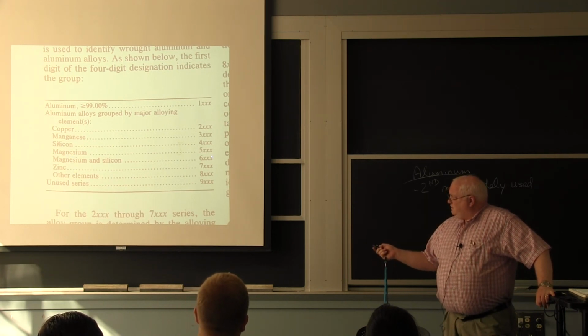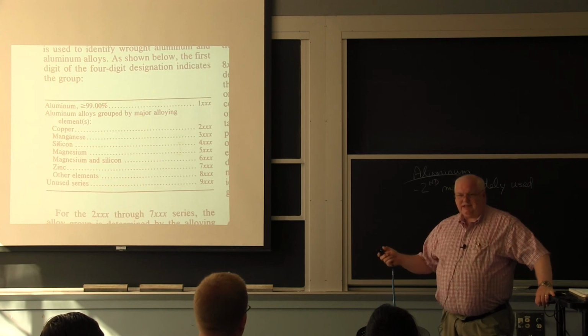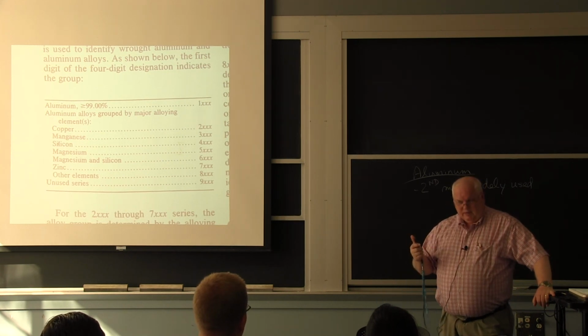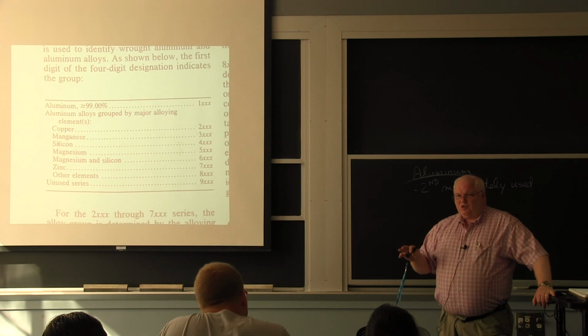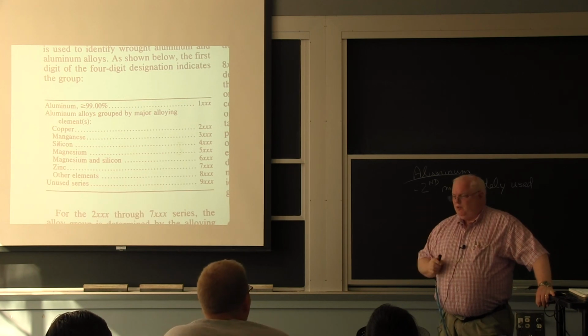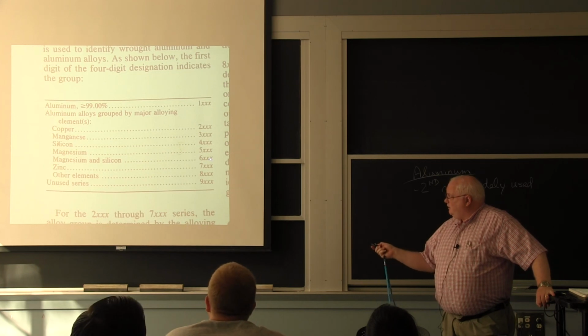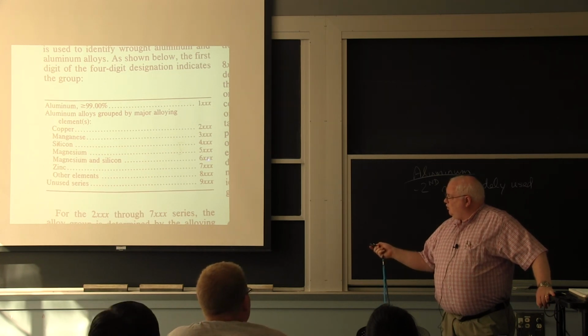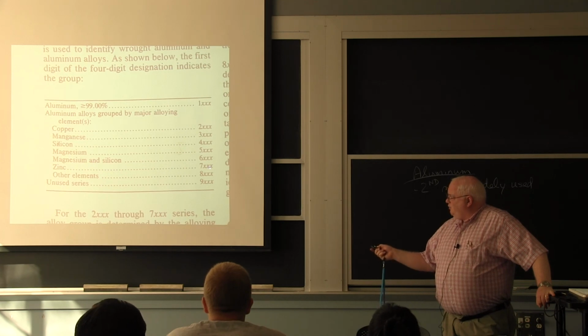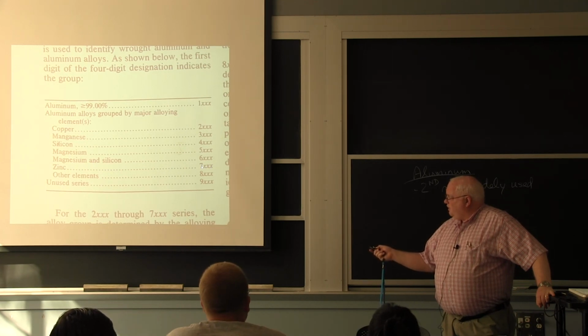Magnesium silicon, 6000 series alloy, 6061 is a workhorse alloy. You want an aluminum structure and you want to order it from some local place, you can get anything you want in 6061 T6. It's the workhorse heat treatable alloy. The 7000 series, which are zinc based, are the ones they used to use for aircraft for the first 50 years.